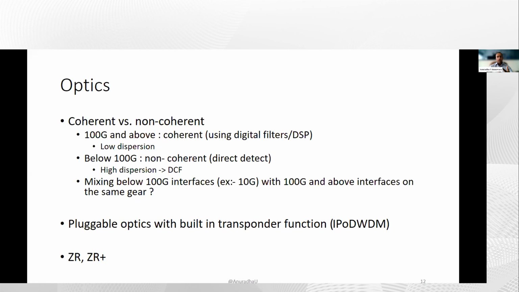And of course, there are certain restrictions in vendor implementations mixing these two together, coherent and non-coherent, in the same system. And then some vendors support pluggable optics with a lot of built-in optical capabilities, like transponding functions built into the optic SFP. And we often see that most of the future SFPs are CR and CR plus coherent optics.